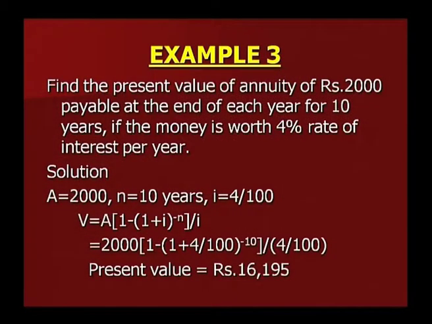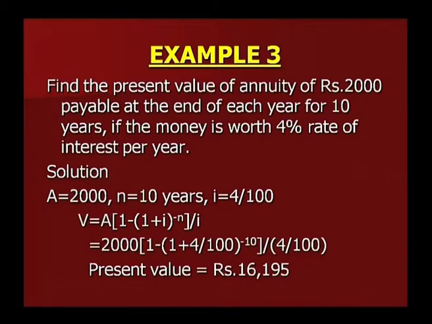Example 3. Find the present value of annuity of rupees 2000 payable at the end of each year for 10 years if the money is worth 4% rate of interest per year. Solution. A is equal to 2000, n is equal to 10 years, I is equal to 4 upon 100.